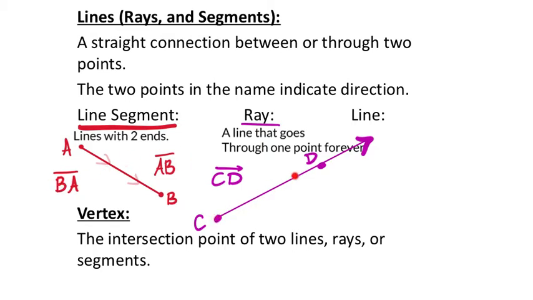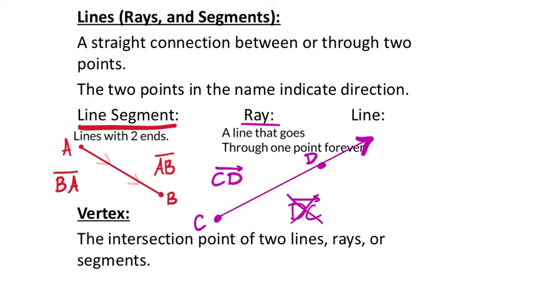Also, the order of the letters is important. This is what I would not want to put; this would be incorrect. This is not ray DC, because that would indicate you start at D and then go through C forever. But this ray does not.